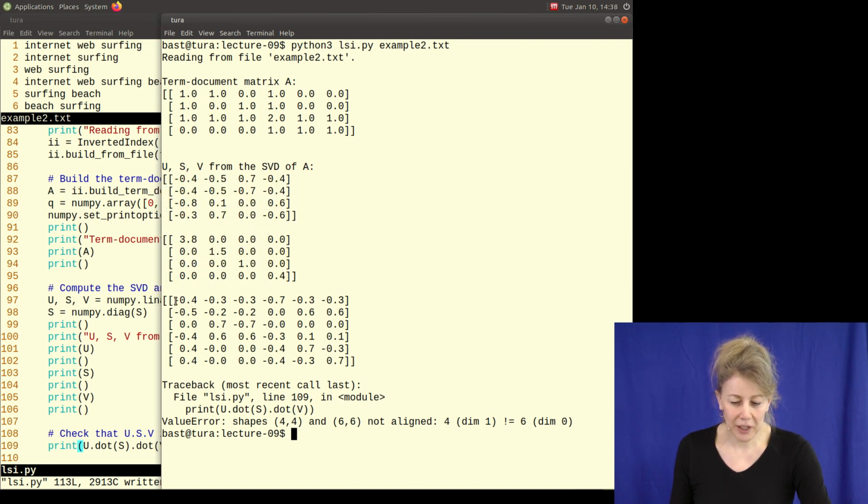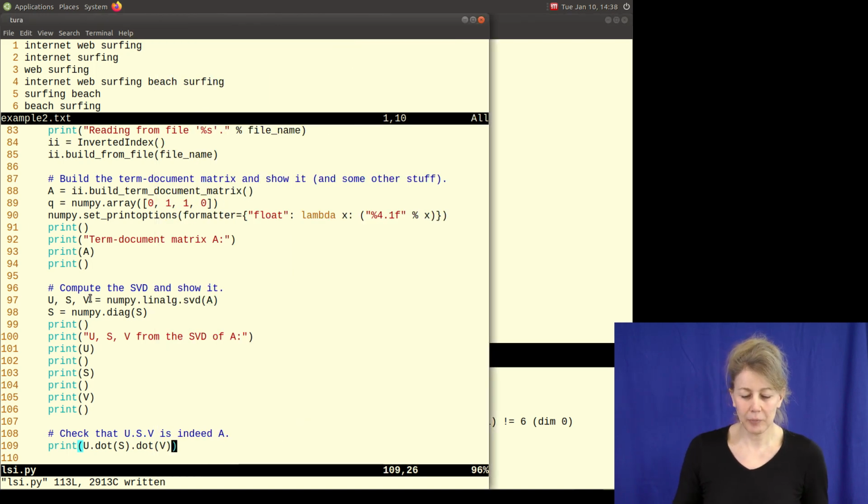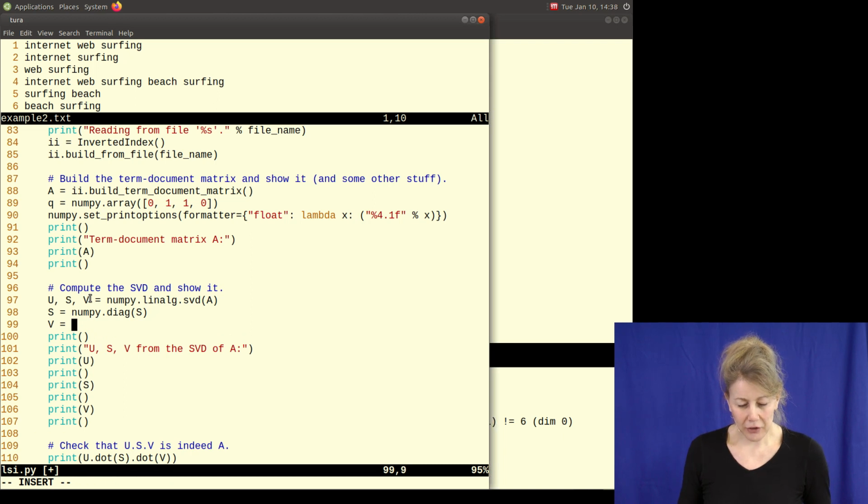And this should be now 4 times 6, but it's 6 times 6. And actually these 2 rows here, I don't want them. And I will tell you later why they are there. I can just cut off these last 2 rows. I just take the first 4 rows, where 4 is the rank. You do it in Python, that's super nice. You can just do it like this.